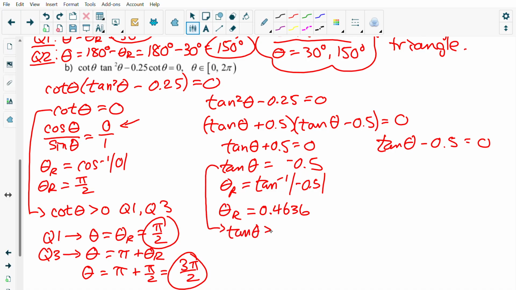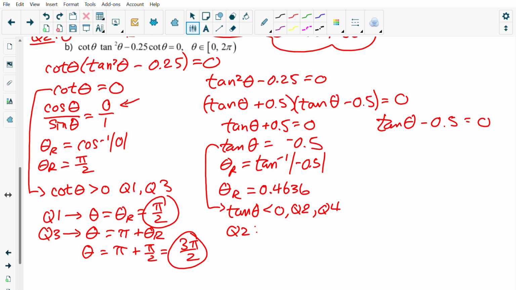From here, the tangent ratio is negative, so where is it negative? In quadrant 2 and quadrant 4. Let's look for our solutions in quadrant 2. The angle in standard position is equal to pi minus my reference angle, so pi minus 0.4636.